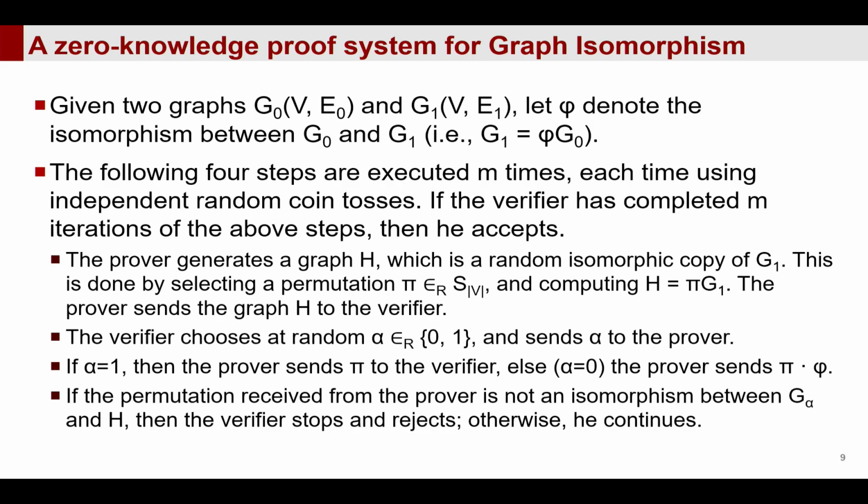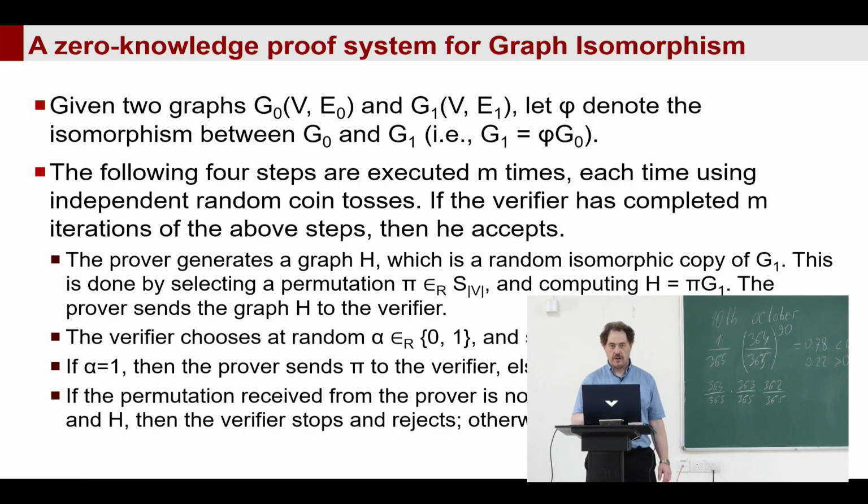Then the prover sends the graph to the verifier. The verifier chooses at random a coefficient, either 0 or 1, and sends it to the prover. Now, if the coefficient is equal to 1, then the prover sends a permutation to the verifier.